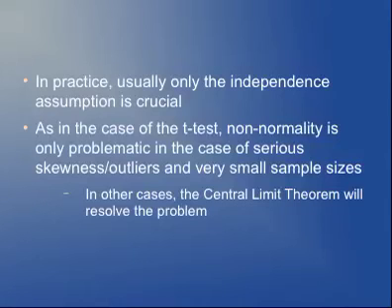If you have a really skewed data set with tons of outliers and your sample size is small, then you can get into trouble because of the normality assumption. But in the vast majority of cases, if you have even a modest sized data set, then the central limit theorem will take care of the issue. Most of the time, you don't really even need to check for normality when you do this type of test.